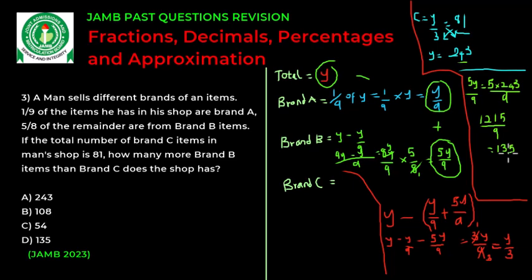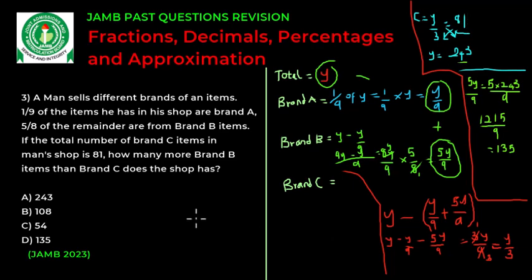And the question is, how many more brand B items than brand C does the shop have? We know brand C is equal to 81 according to the question.